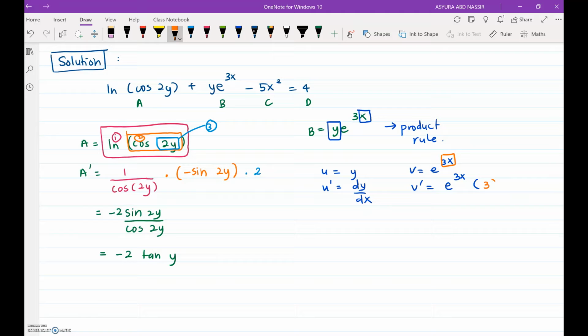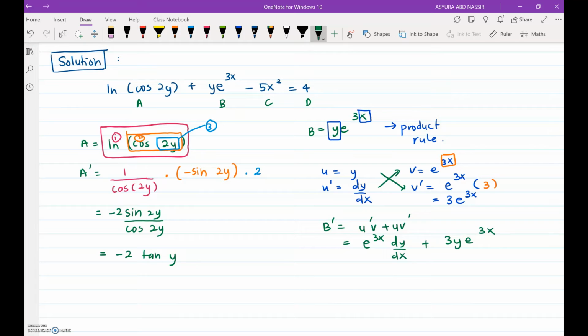Differentiate 3x, you will get 3, so v prime is 3e^(3x). Now B prime is u prime v plus u v prime, and you will get e^(3x) dy/dx plus 3y e^(3x). I just simplified it.